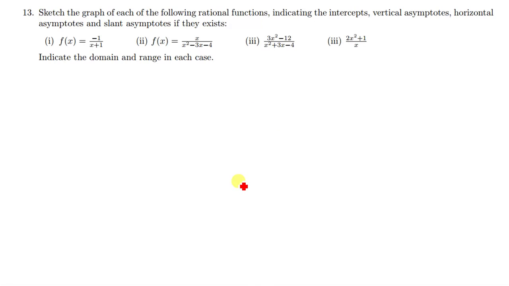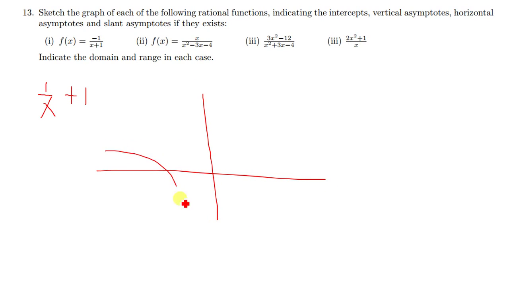And if you have, for instance, the same 1 over x, and it has been displaced by 1, it means that your graph is going to come out like that.